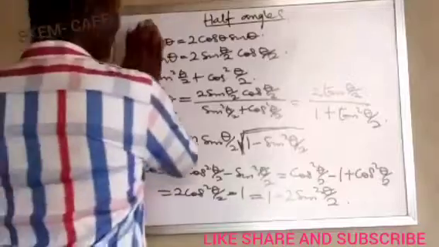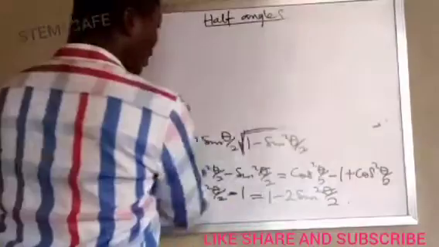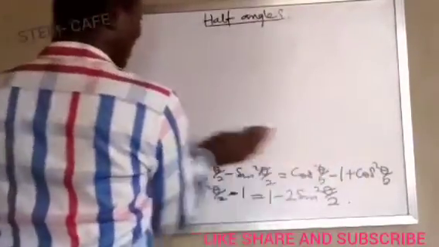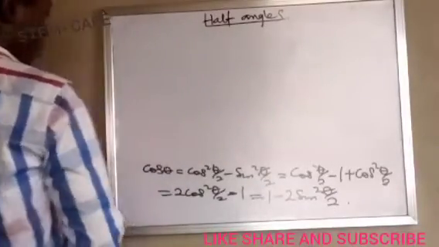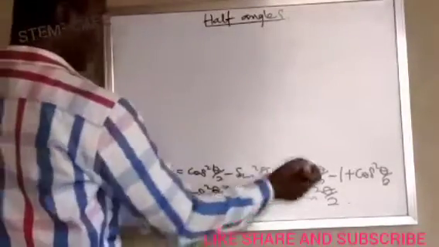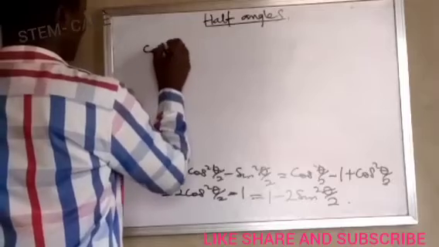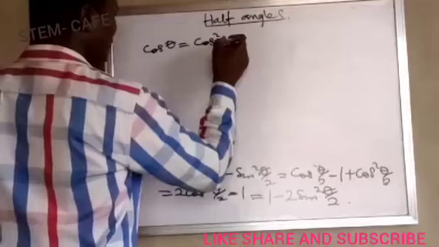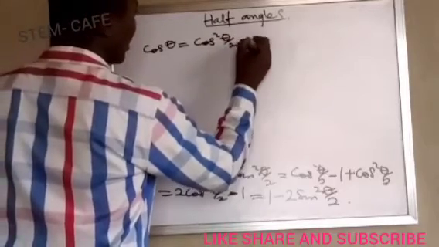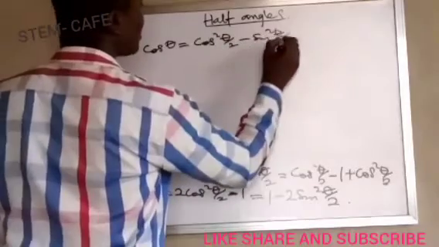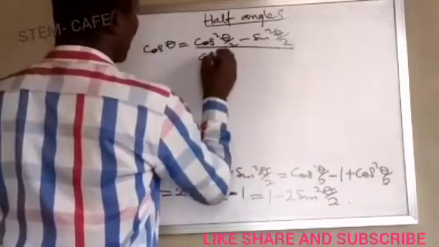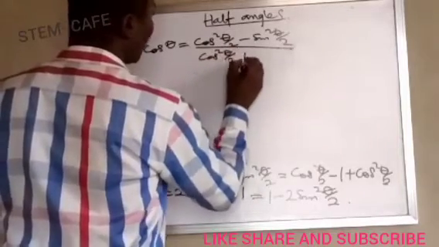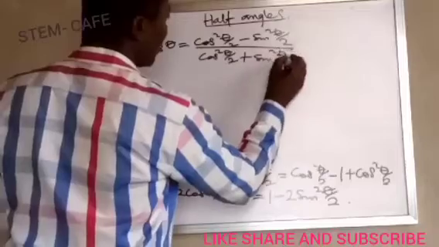Now I can also get tan theta over 2 straight from here. So I make it like this: cos theta is equal to cos square theta over 2 minus sin square theta over 2, over cos square theta over 2 plus sin square theta over 2.